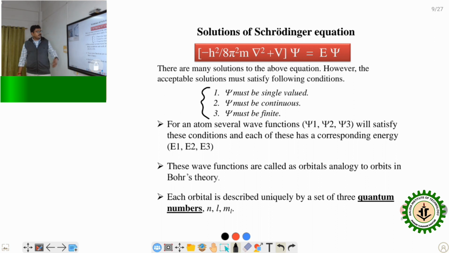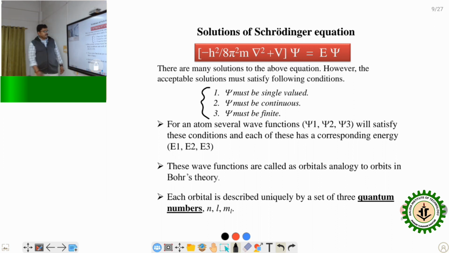Okay. So for an atom we can have several wave functions. That means we can have several energy states depending on the wave function. And these wave functions are called orbitals, which is analogous to the orbits of the Bohr theory.